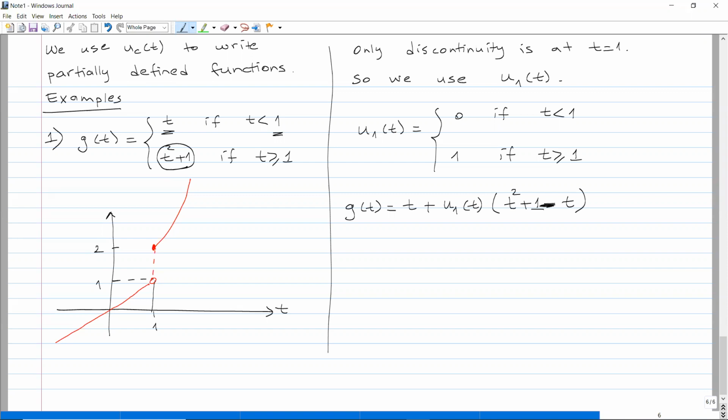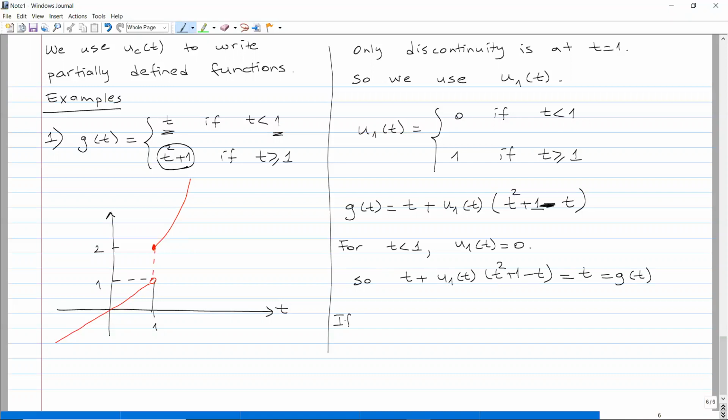Okay, so let's see if g is really equal to this. For t less than 1, u1 of t is 0. So in the expression t plus u1 of t times (t squared plus 1 minus t), u1 of t is 0, so this is just t, which is the same as my function g.